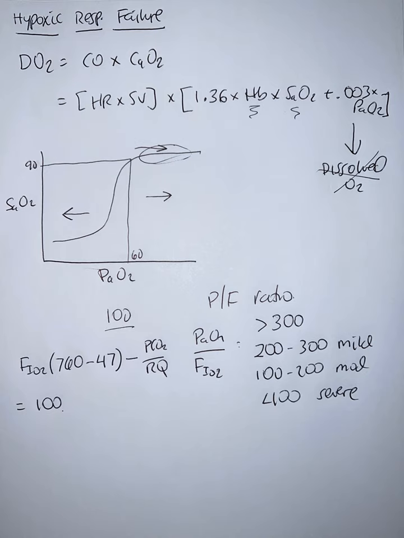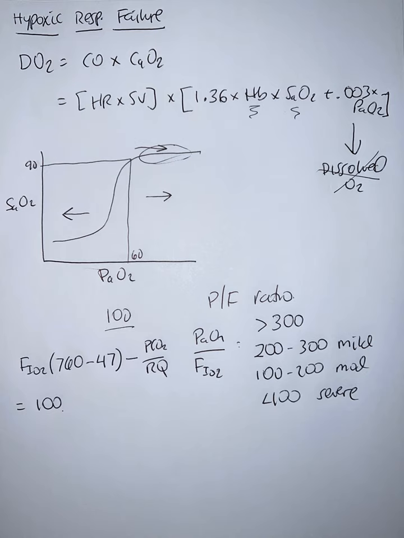Now, there is something called the PF ratio. Even if the PO2 is, say, 100, a PO2 of 100 on 100% FiO2 is very bad. That's severe hypoxia because of what's called the PF ratio. The PF ratio is PaO2 over FiO2.